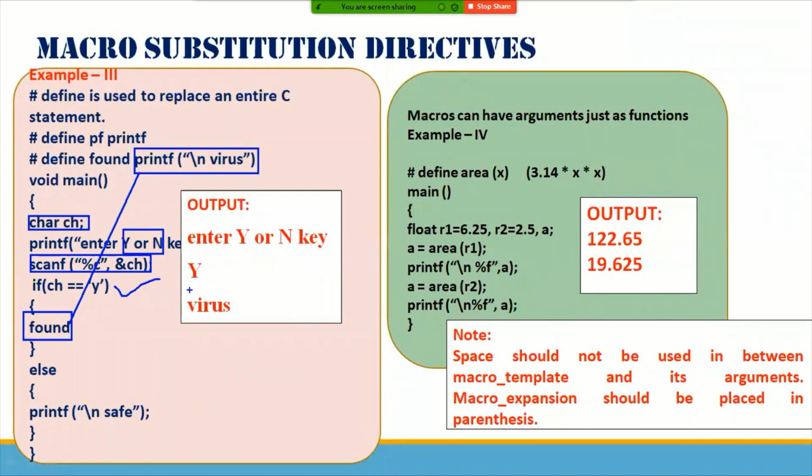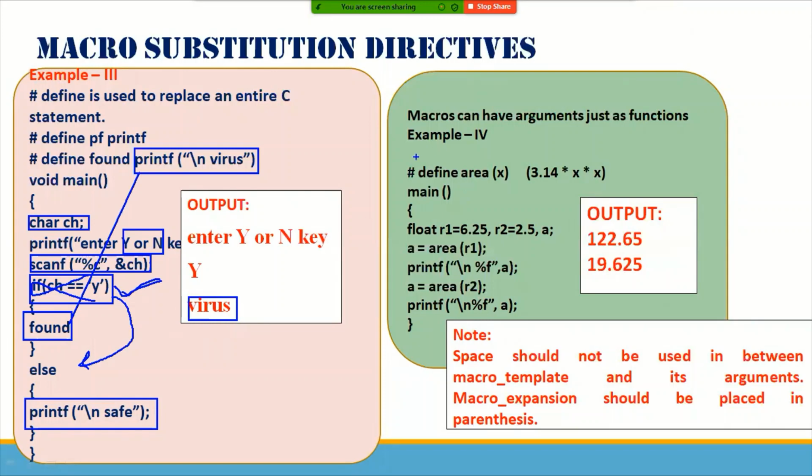That is, found virus means we will get this particular output. If you press n, in that case this condition will be false. Then control will be transferred to else, and there this output will be obtained. But here the condition is true, that's why you obtained the virus output. That is about the third example of macro substitution.